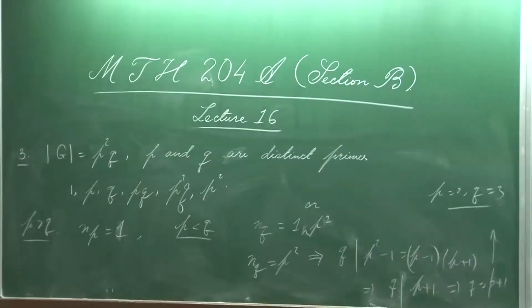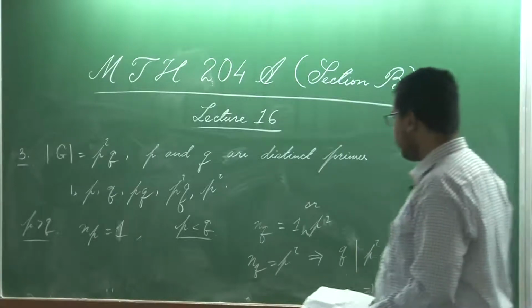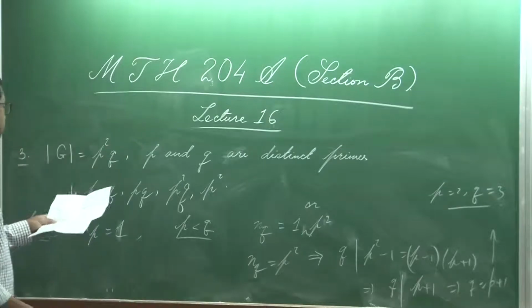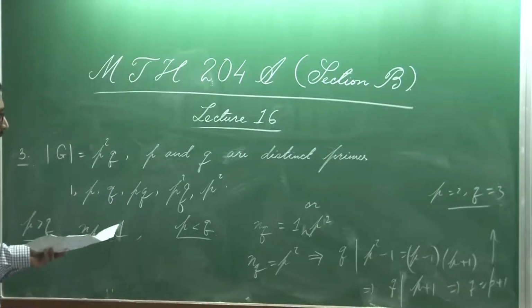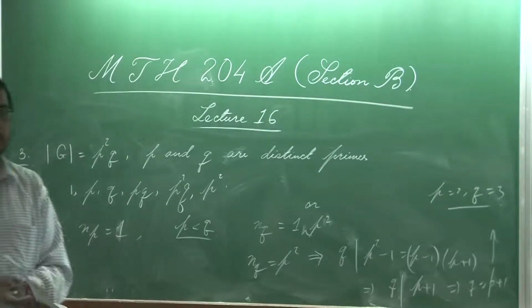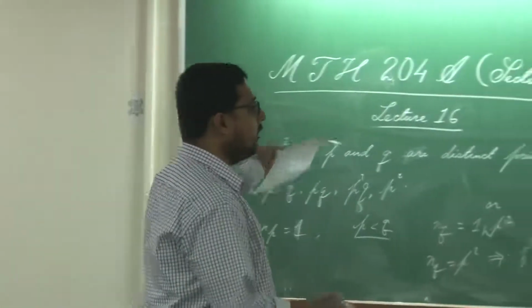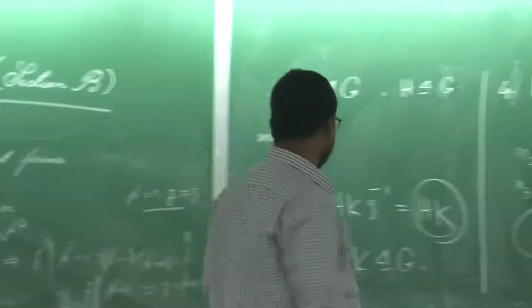So what have we learnt? If a group has order p square q, then either the Sylow p subgroup or the Sylow q subgroup has to be normal. So it will always have a normal Sylow subgroup.